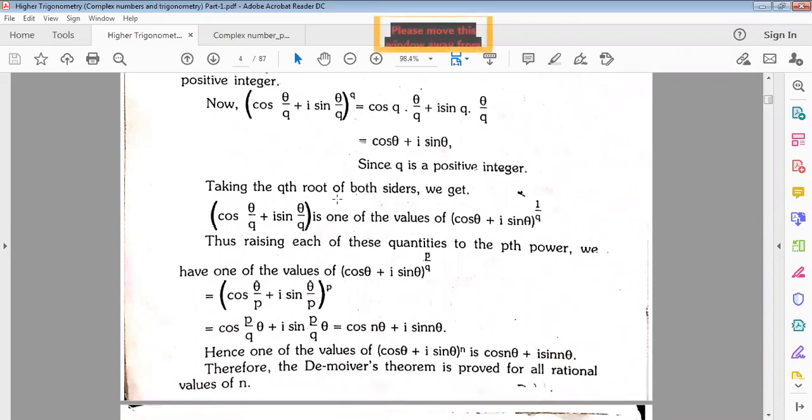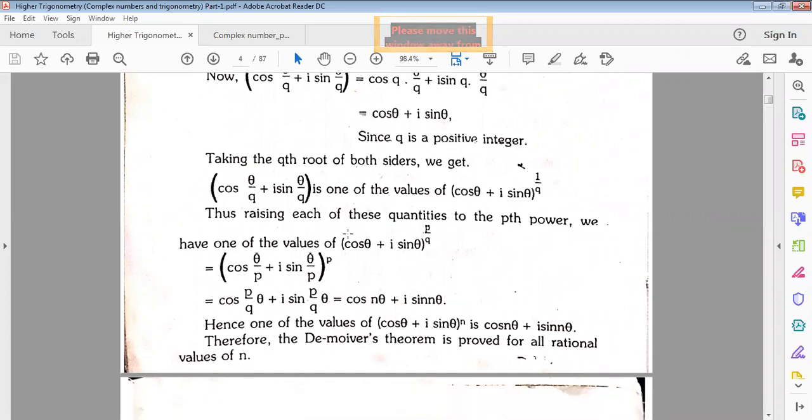Now taking the qth root on both sides, the q and 1 by q cancel, so this will be the value of this: one value of (cos theta + i sin theta) to the power 1 by q.